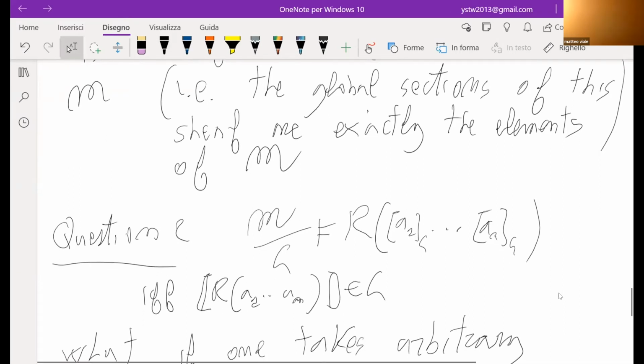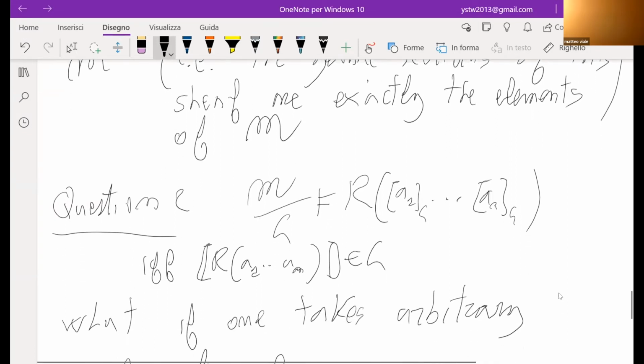But actually, this is weaker. So we can have that question 2 has a positive answer, even in case that M is not a sheaf.